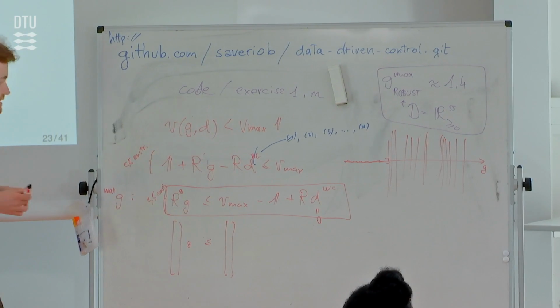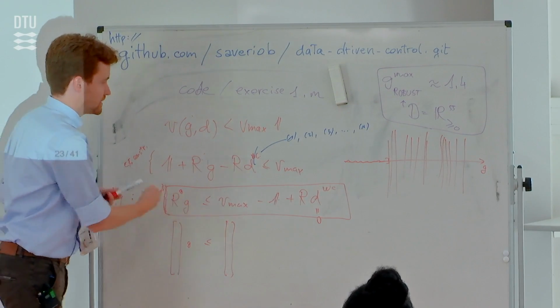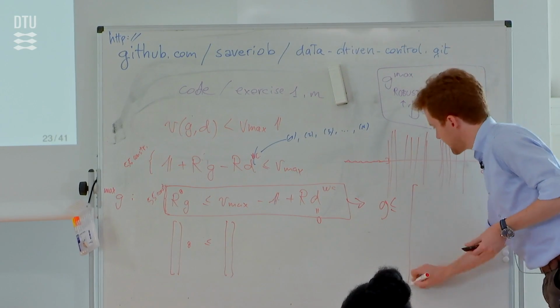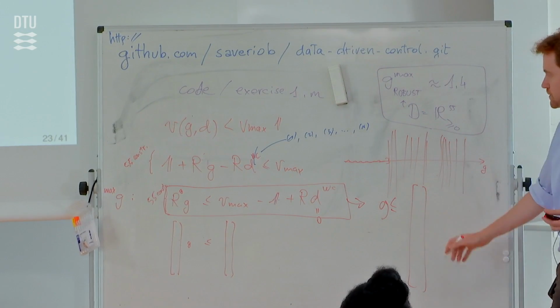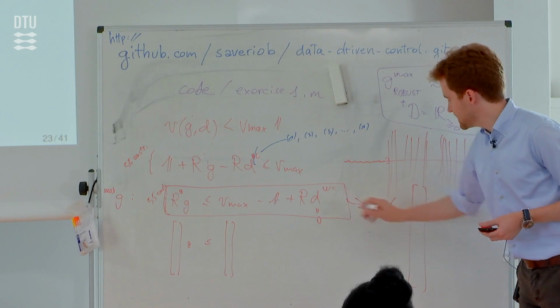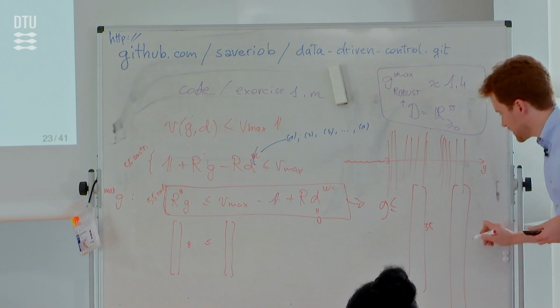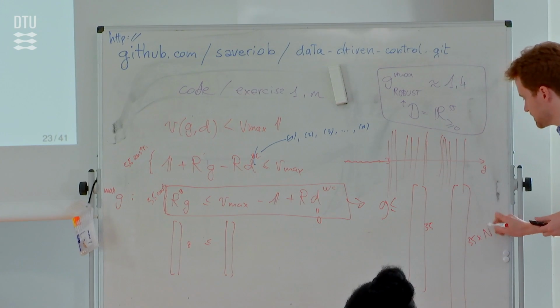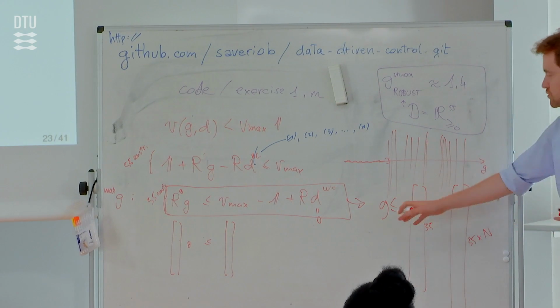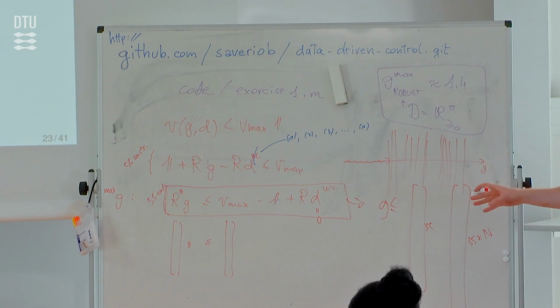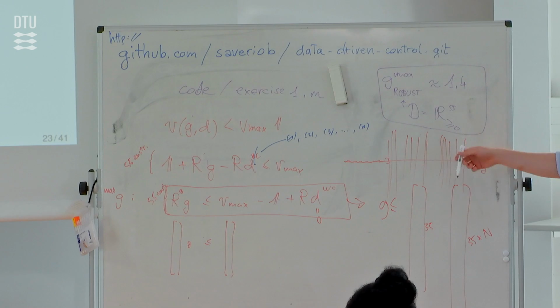To do that, you basically just have to write this one in a decent form, G less or equal than a long vector, a huge vector, because in the worst case, this is 55 in the scenario, 55 times the number of samples, and so on. Now to find the largest G that satisfies all these inequalities, you don't need a solver. You need to pick the largest G that satisfies this one. It's a scalar problem, right?